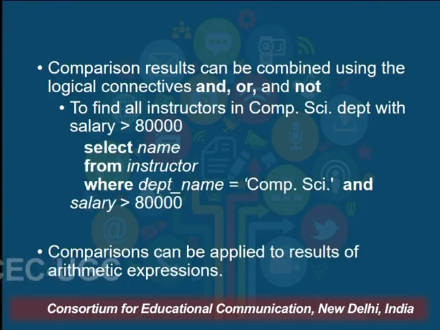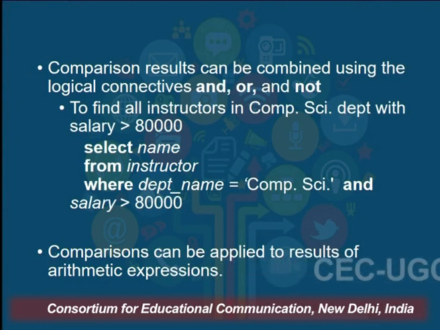Not only this, but we can also use logical connectives: AND, OR and NOT, and these comparison results can be combined. Let us take an example here. To find all the instructors in computer science department with salary greater than 80,000. I need just the name of all the instructors in the computer science department whose salary is greater than 80,000.